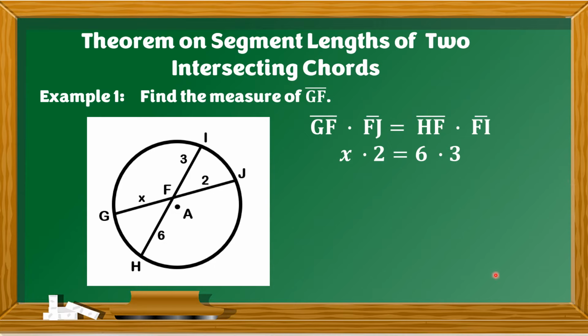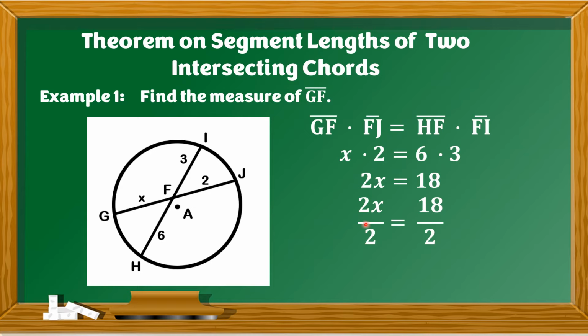Next step is we're going to multiply. So X times 2 is equal to 2X and 6 times 3 is equal to 18. So we have now 2X is equal to 18. In order to get the value of X, we will divide the equation by 2 and then simplify.